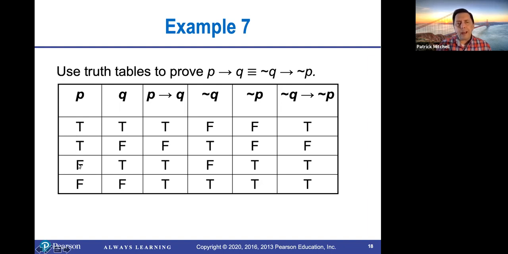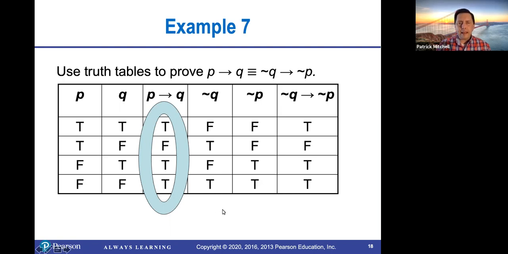If you do it that way every single time, you will hit every possible combination of P being true or false, Q being true or false. The next thing I want to point out is the column under if P then Q. This is what we went over a little while ago. The only time it's false is when P is true and Q is false, right?